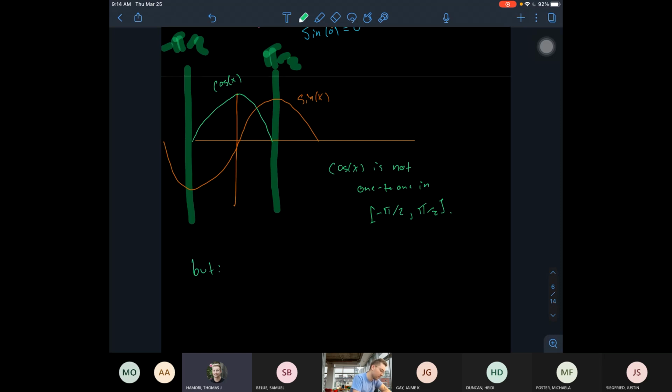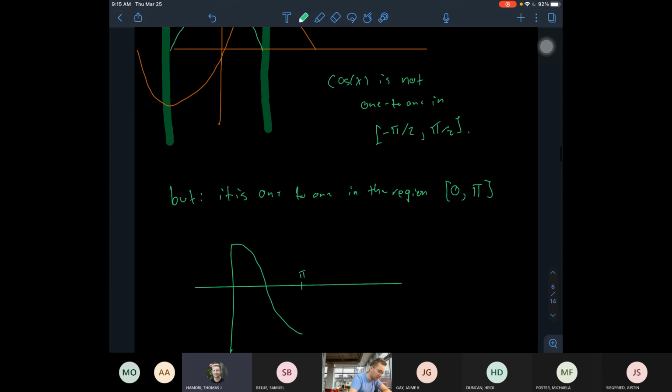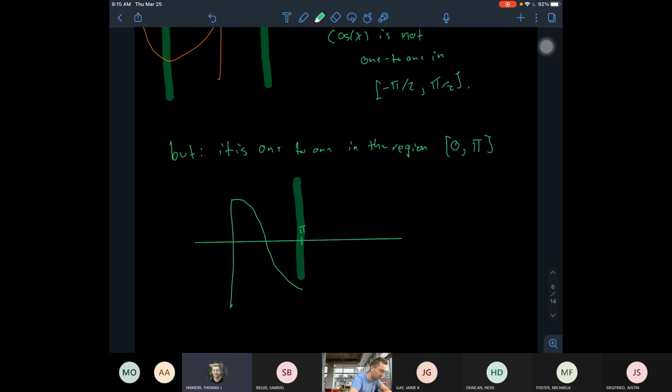But it is one-to-one in the region 0 comma pi. If instead we just look at the part of cosine which goes from 0 to pi, then that part of cosine looks like this. And if we just consider this region, then cosine is one-to-one in that region.